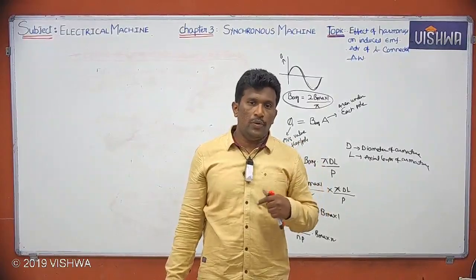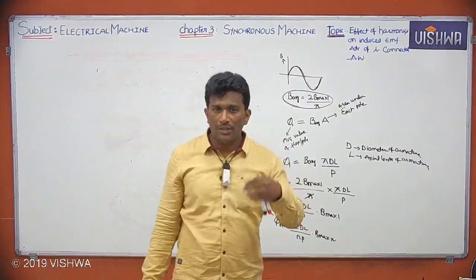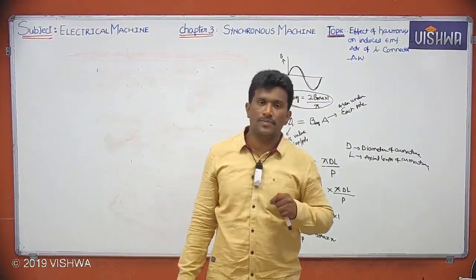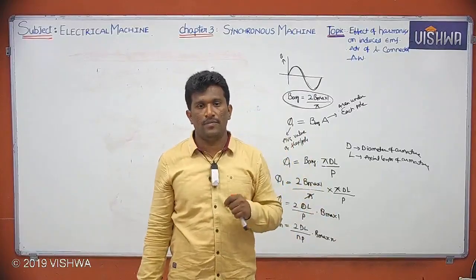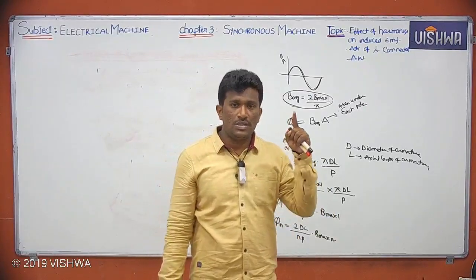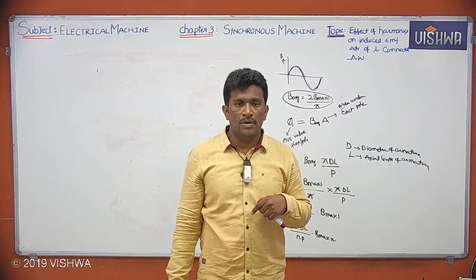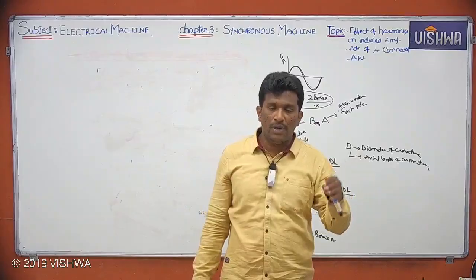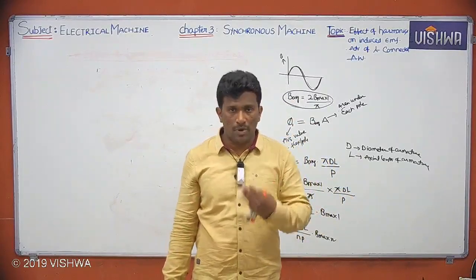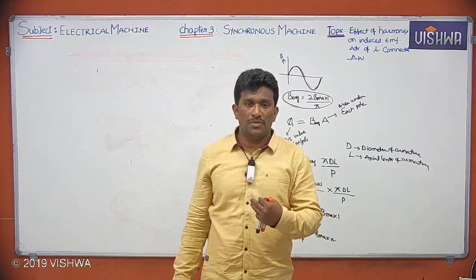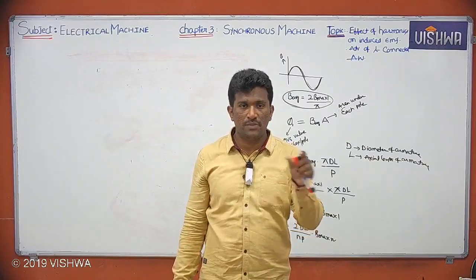There I told you, if you want to provide a path for third harmonic currents, it has to satisfy one fundamental property. But since it is not satisfying the fundamental property, a path will not be possible. Though the fundamental property is not satisfied by third harmonic current, still a path can be provided if there is a closed path between phases, which is possible in delta, not in star.